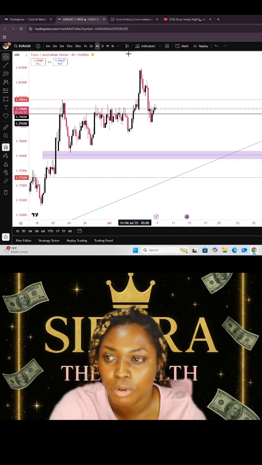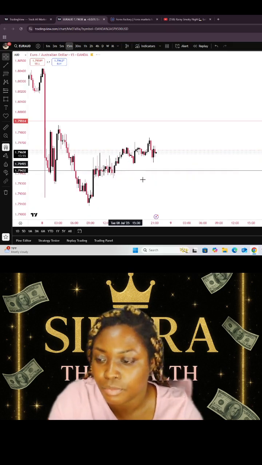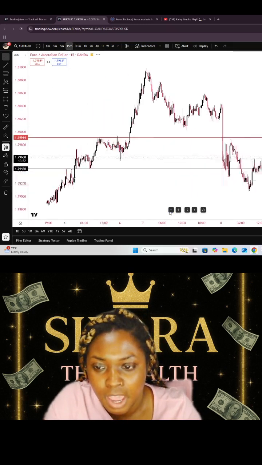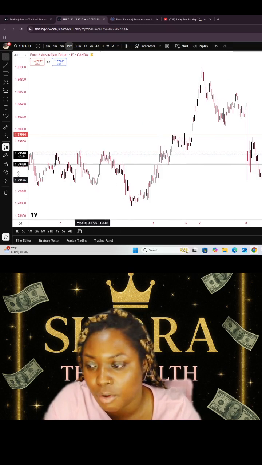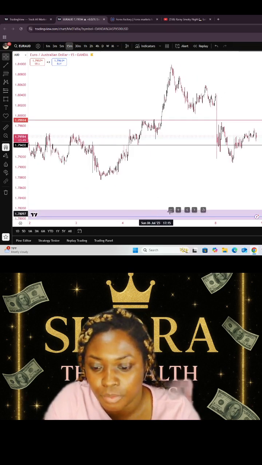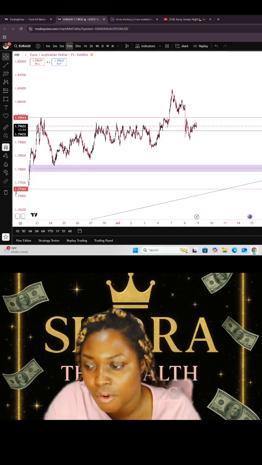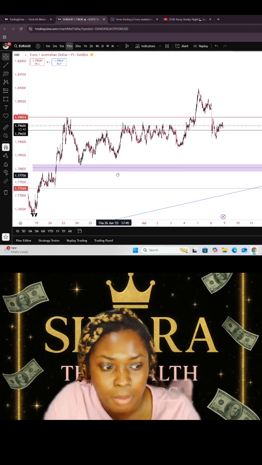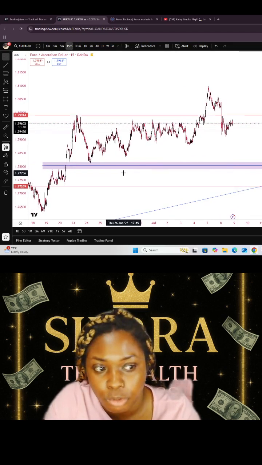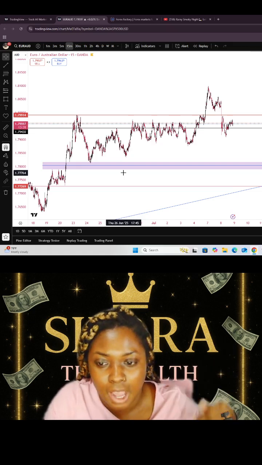So I want to come down to my 15-minute, find my structure points, and see if I had a break of structure. If I zoom out, I can follow structure again. Structure in an uptrend is higher highs, higher lows.